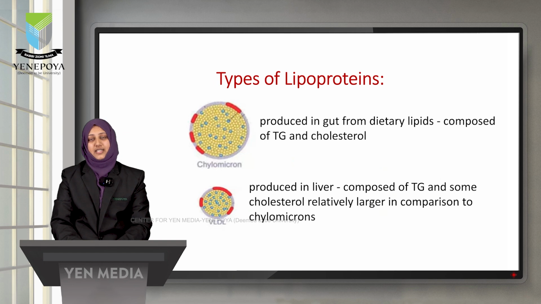Let's see the types of lipoprotein one by one. Chylomicron is produced in the gut from dietary lipids, and is composed of triglycerides as well as cholesterol. Next, VLDL, very low density lipoprotein, is produced in the liver and is composed of triglycerides and some cholesterol, relatively larger in comparison to the chylomicron.